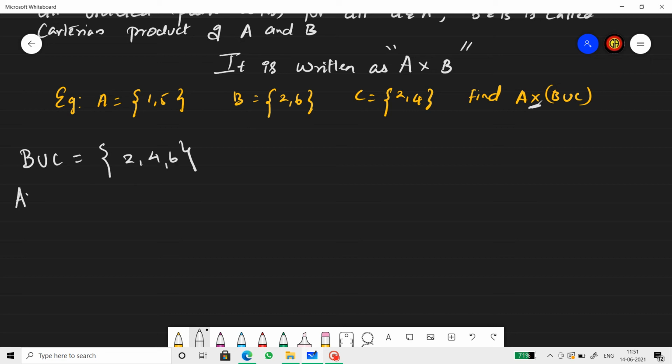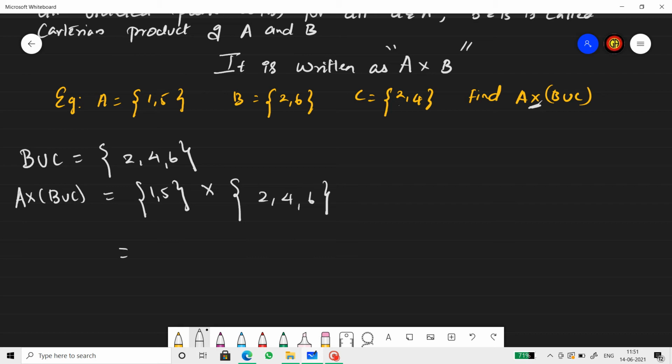Next is A cross of B union C. Now what is A? A is 1, 5 cross, and what is B union C? B union C is 2, 4, 6.